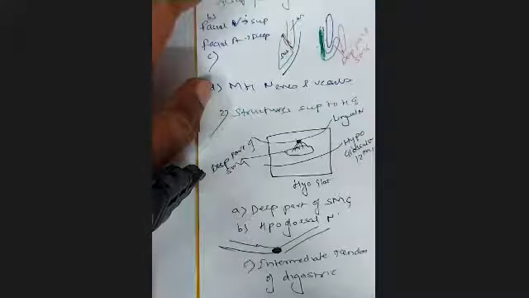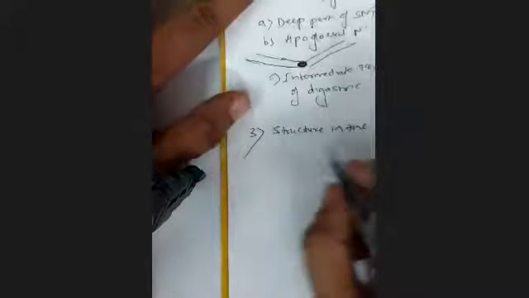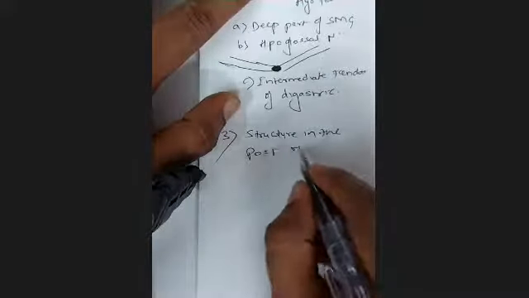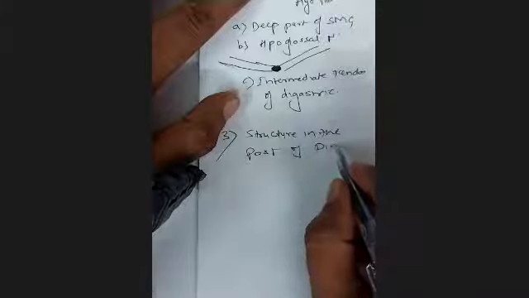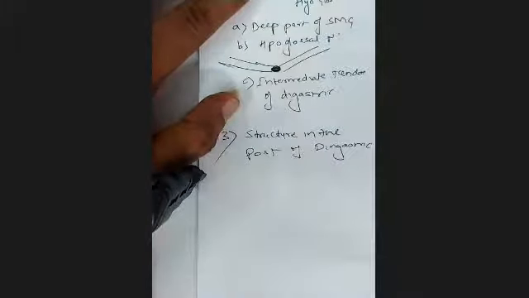Now let us go to part 3. So what are the structures in the posterior part of the digastric triangle? In the anterior part, the structures were divided into structures superficial to mylohyoid and structures superficial to hyoglossus.